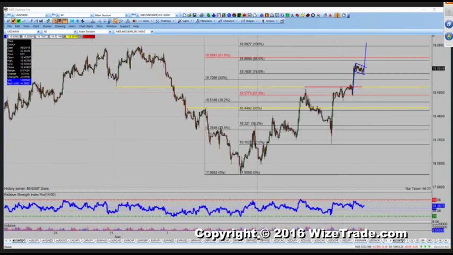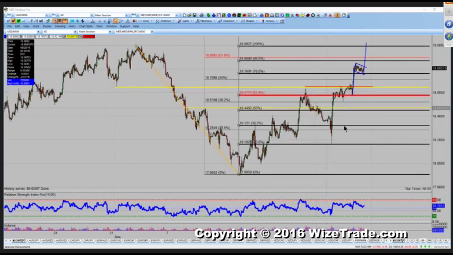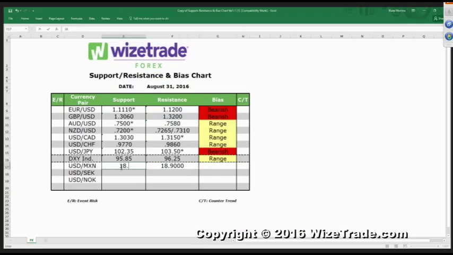Okay. Yeah. 1865. Again, I almost shorted it yesterday, and I'm like, dude, what am I thinking? Easy, dummy. Put up there like that, okay? So, 1865 support.